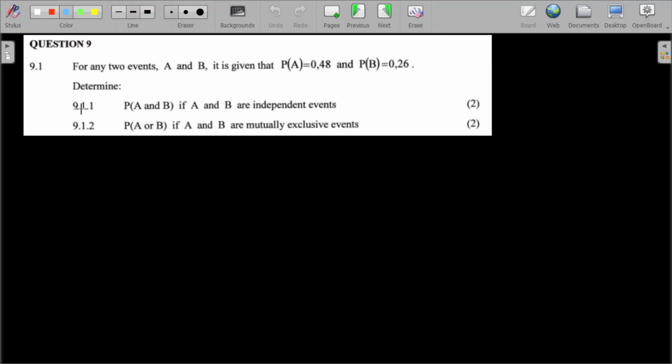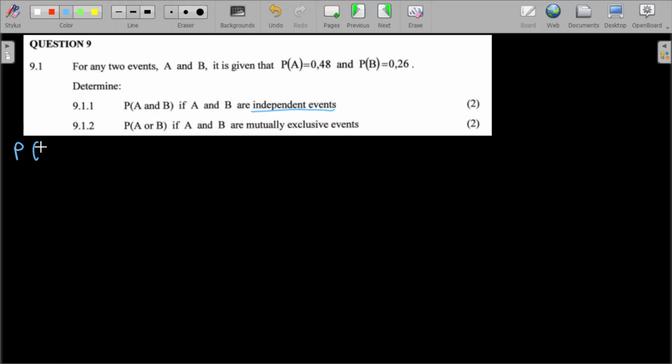Here in this question it is saying events A and B are given, and the probability of event A is 0.48 and B is 0.26. They're asking us to find the probability of A and B if A and B are independent.